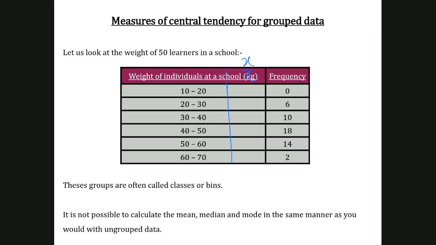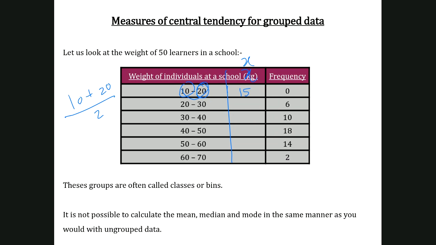So how we calculate the midpoint is you take the first value of your interval, called the lower limit, add on the second value of the interval, called the upper limit, and divide it by 2. So 10 plus 20 is 30, divided by 2, which is 15.